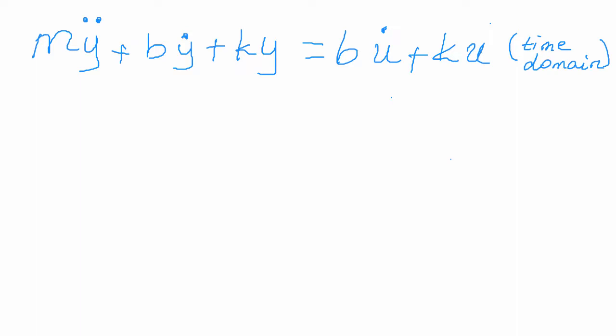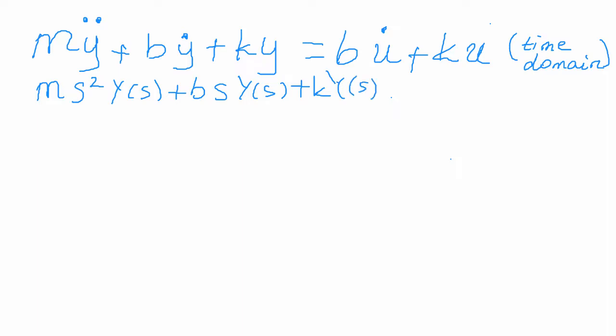So what we are going to write here, m s square Ys plus b s Ys plus k Ys is equal to b s Us plus k Us.